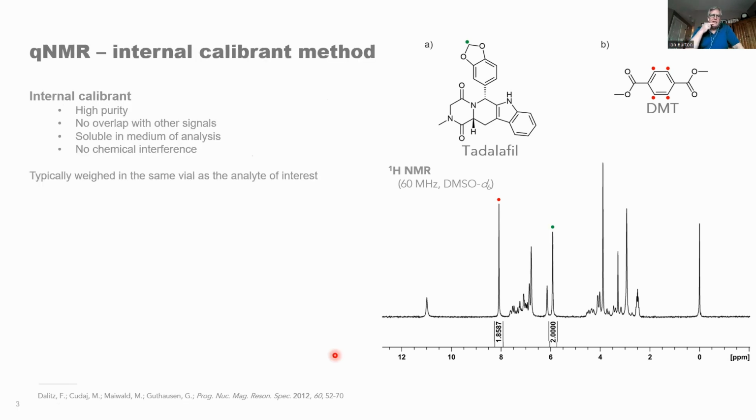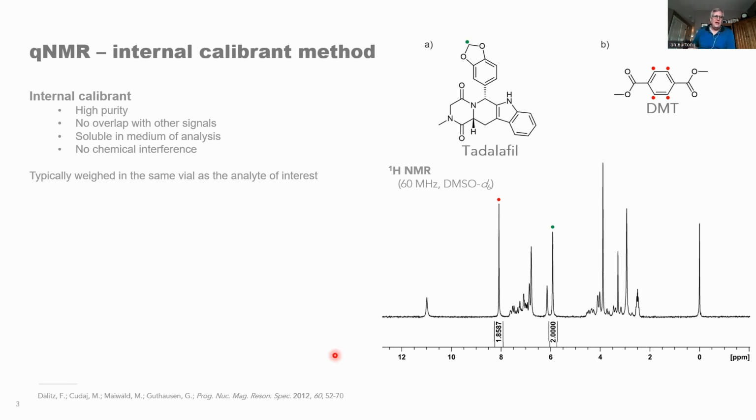So for the internal calibrant method, there are a few conditions we have to take into account. You've got to ideally have a high purity internal standard. Ideally, it shouldn't overlap with other signals. It should be soluble, with no chemical interferences. Typically, it's weighed in the same vial.